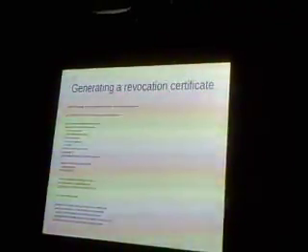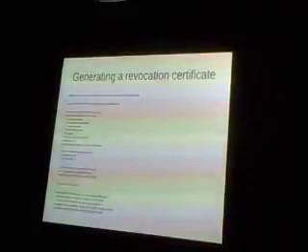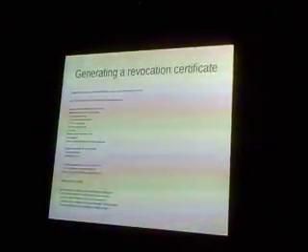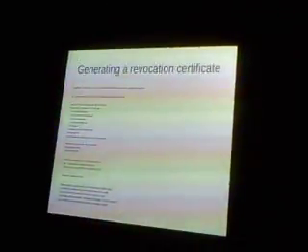They recommend you print that certificate out so that at a later date, when the machine is no longer in front of you, you can at least type in that certificate. The certificate's not that big. It's not like the PGP blocks where it's a whole bunch of random noise. But the idea is you want to be able to at least revoke it at some point in time.